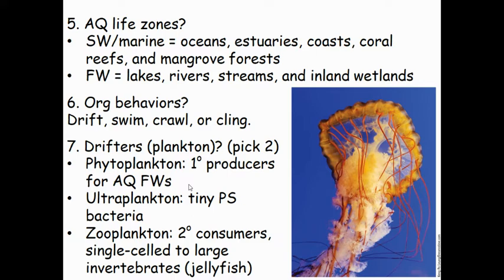Remember, PS stands for photosynthesis. And zooplankton, those are secondary consumers. Zoo means animal-like plankton, so they are predators. And they feed on, obviously, smaller organisms.